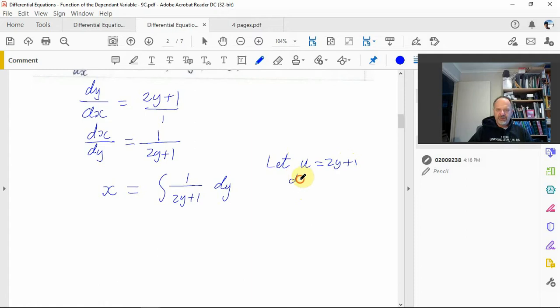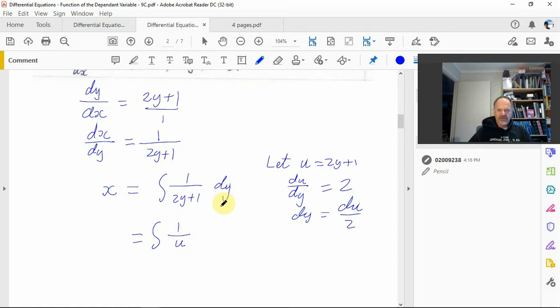Then du/dy, because if I'm going to replace that with a u, then I need to change the thing I'm anti-differentiating with respect to, in terms of u, and of course when we differentiate that we get 2. Doing a bit of rearranging, dividing by 2 and multiplying by dy, you get that dy would be equal to du over 2.